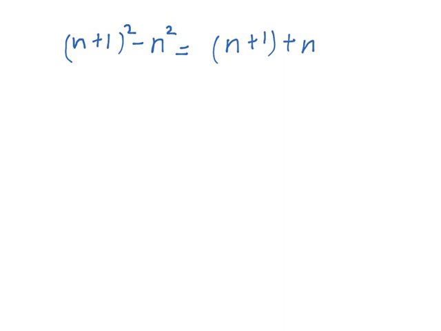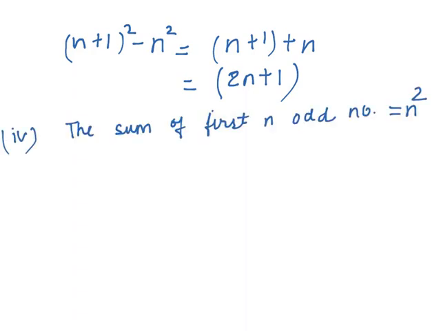Or we can write it as n plus n, which gives us 2n plus 1. So if we have to find the sum of consecutive numbers, we can use the formula 2n plus 1, and put in the value of n for whatever number they have given.